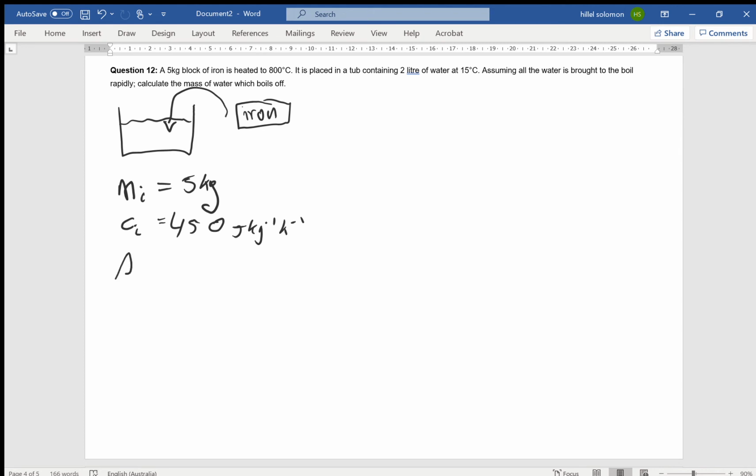The change in temperature of the iron, it's going from 800 degrees, and then when it finishes, it's going to be at 100 degrees. So it's got a change in temperature of 700 degrees Celsius.